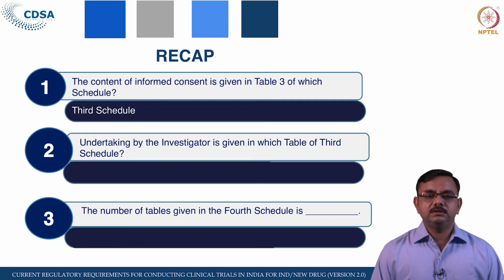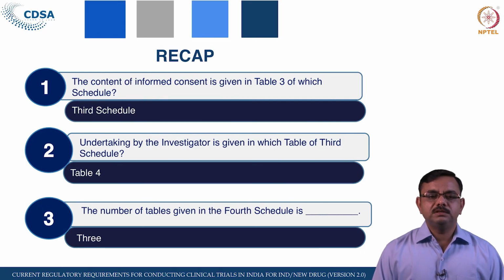Now here you have to mention the table. It is table number 4 of the third schedule. The number of tables given in the fourth schedule: you have to answer how many tables are given. So there are 3 tables.